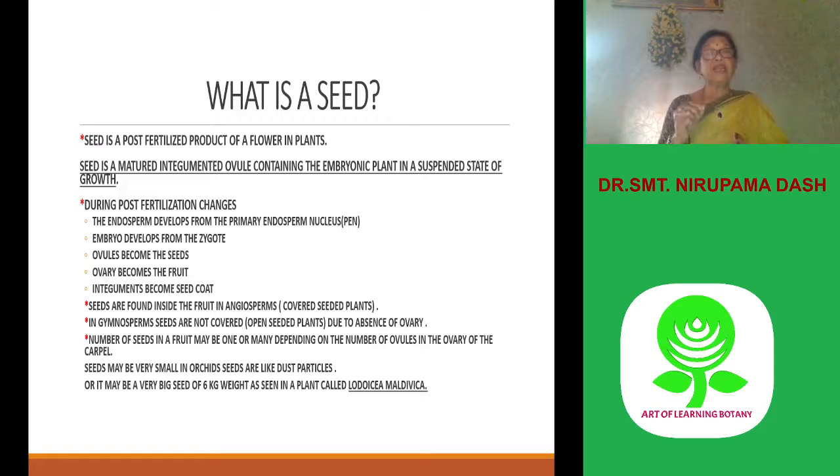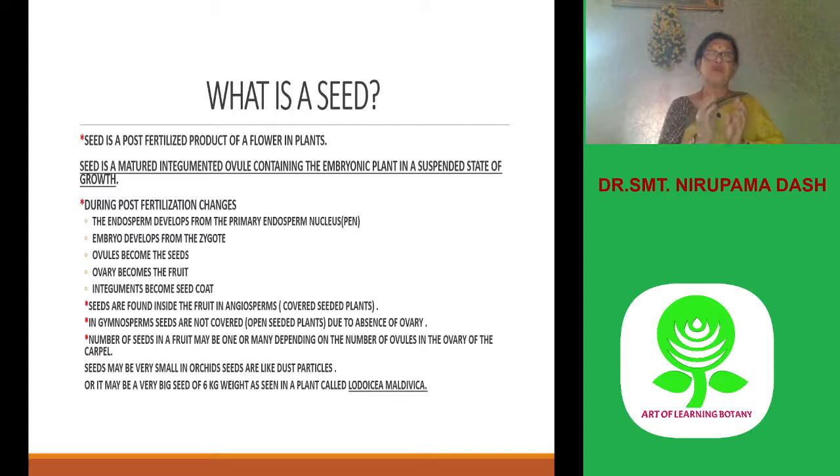Seeds are found inside the fruit in angiosperms, and they are called covered seeded plants. In gymnosperms, seeds are not covered, they are open, due to the absence of ovary, and that's why they are naked seeded plants. The number of seeds in fruits depends on the number of ovules in the ovary of the carpel.